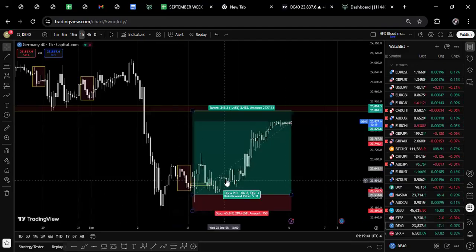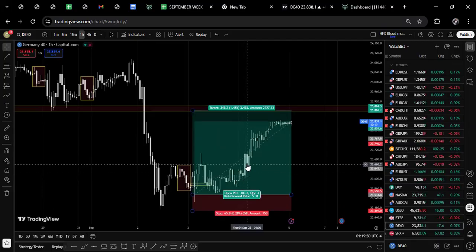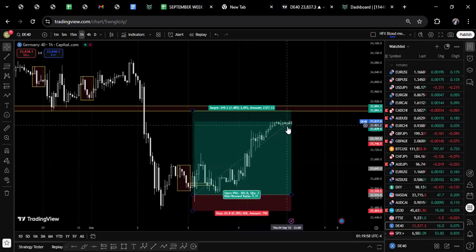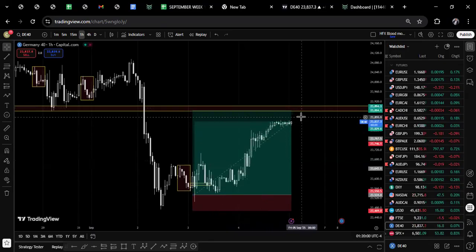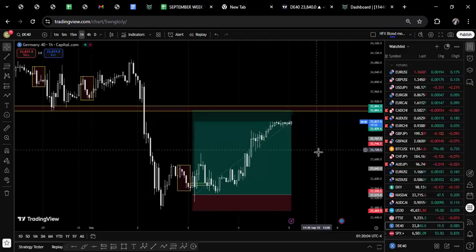As of 6 a.m. yesterday, it was around here. It was around this area, and of course, it kept moving. I still expect it to hit here, though I've taken my profits since.